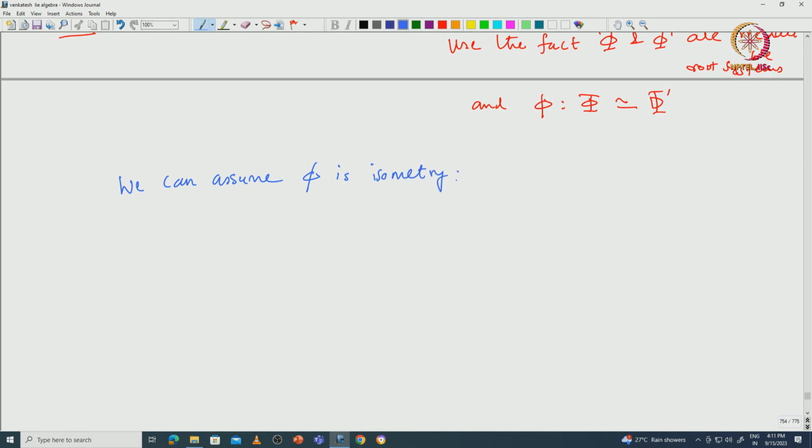Now, since H star is actually spanned by phi over C, you can fix a base Pi inside phi.